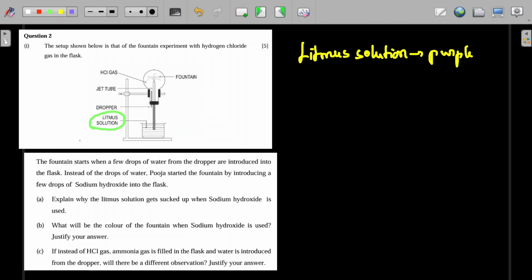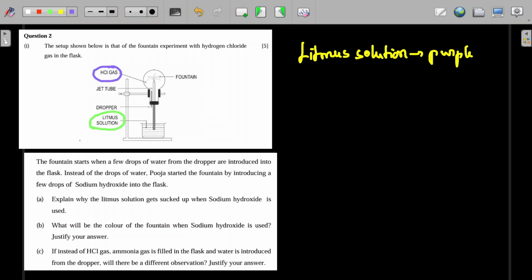Therefore, here they have mentioned HCl gas in the fountain part. The fountain starts when a few drops of water from the dropper are introduced. This procedure we know. Here there will be a dropper. It has 1 or 2 ml of water. When you squeeze that water into the RB flask, that HCl will start dissolving in that 1 or 2 ml of water.